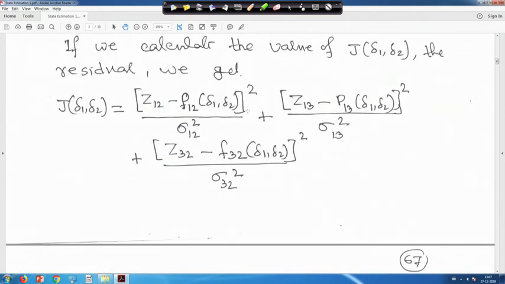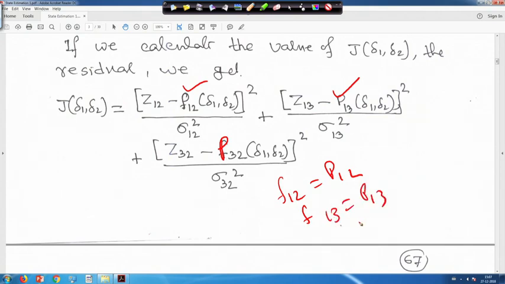Here one thing: this is P13, this is P12, and this should actually be P32. Although F12 equals P12, F13 equals P13, and P32 is nothing but F32, so P32 or F32 is the same.